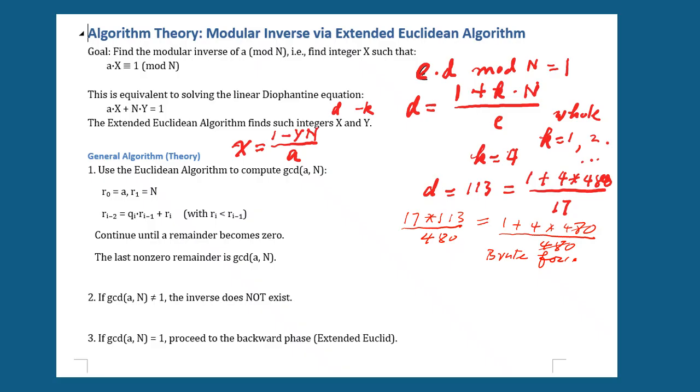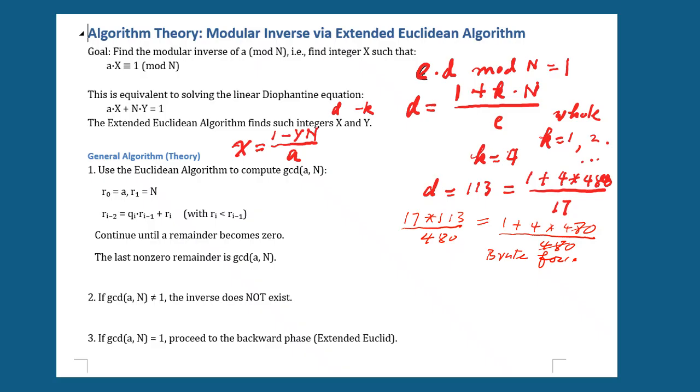So in this video, I'm showing you the standard algorithm called the Euclidean and extended Euclidean algorithm, based on this concept. You see, we find the solution of the so-called Diophantine equation over here.